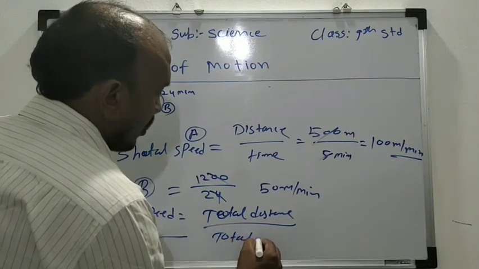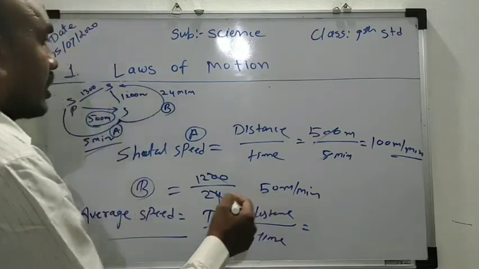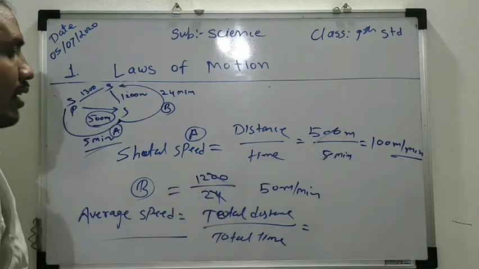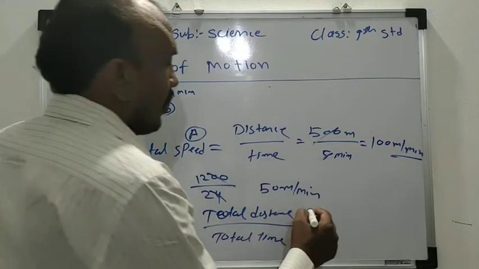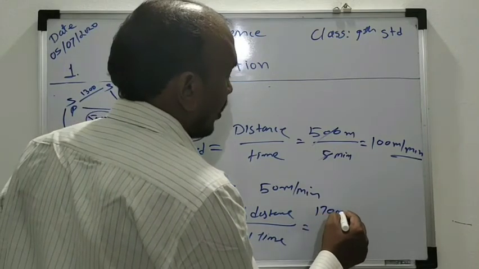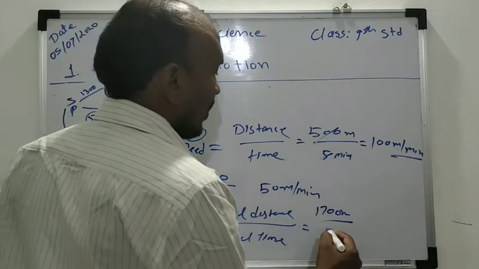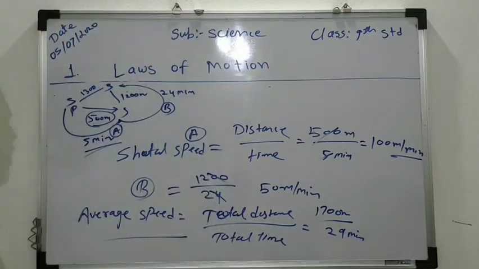So what will be the total? The distance is 500 meters plus 1200 meters. How much total distance is there? 1700 meters. And how much total time? 5 minutes plus 24, that means 29 minutes.